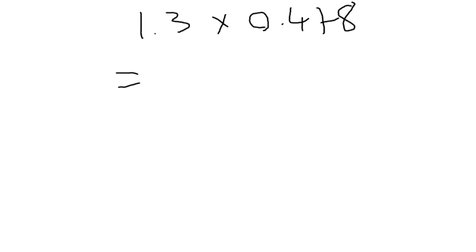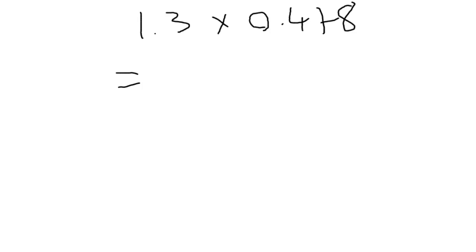Now if you're multiplying or dividing, say we're multiplying 1.3 by 0.478. Okay. In this case, well, let's do the calculation first.